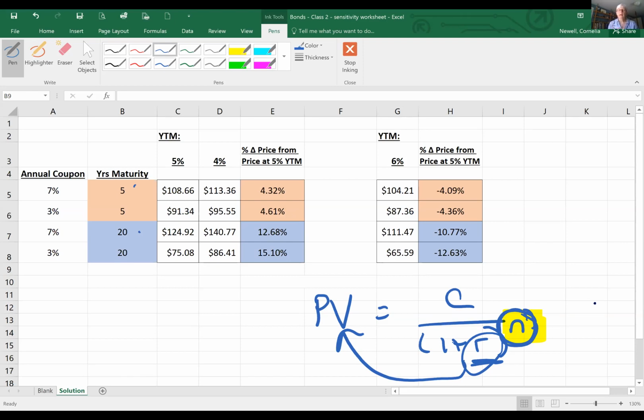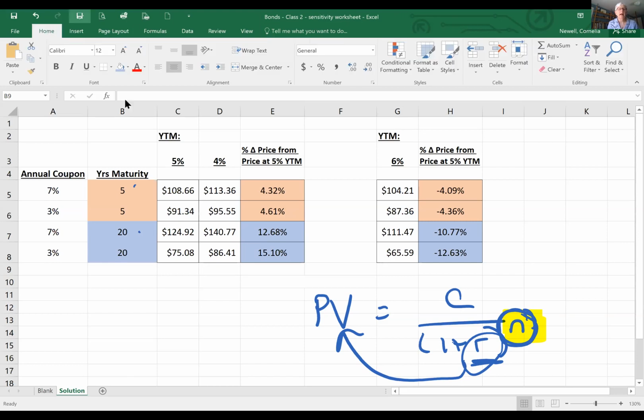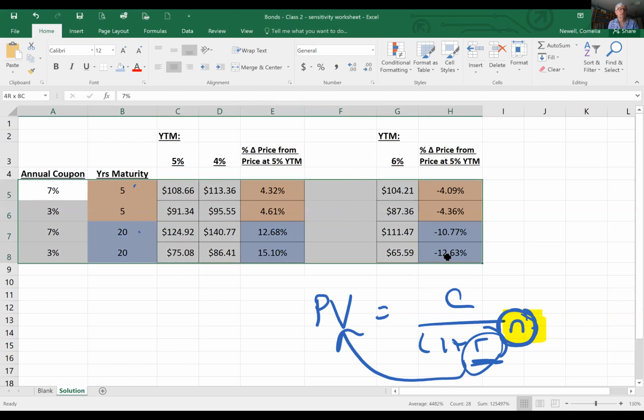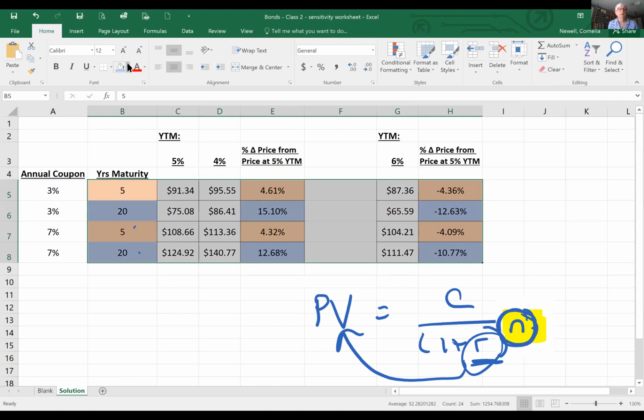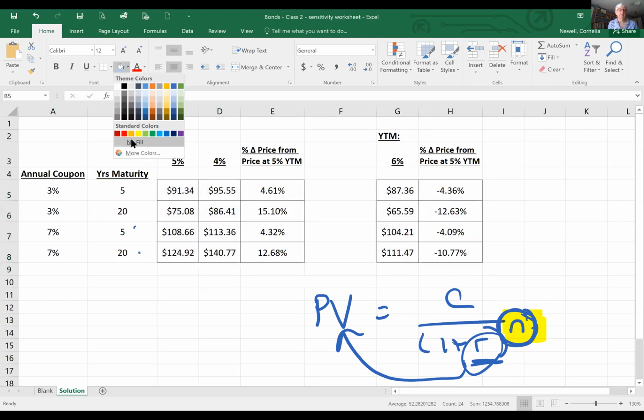The other thing that has an impact, but a smaller impact, is the coupon. So if we come back here, I'm going to reorganize this chart to sort it by coupon. There we go. Now I'm going to get rid of all my color coding and look at the coupons.